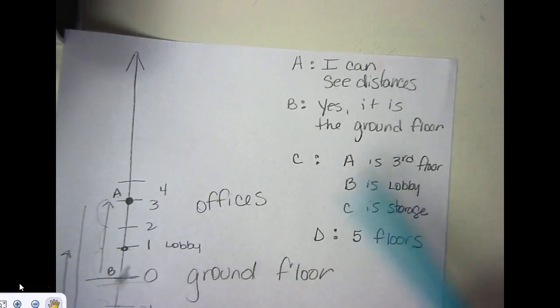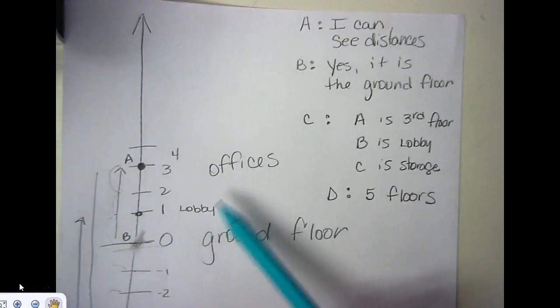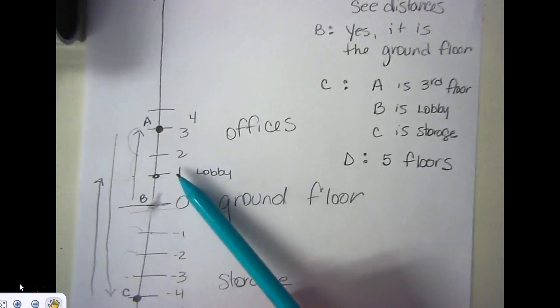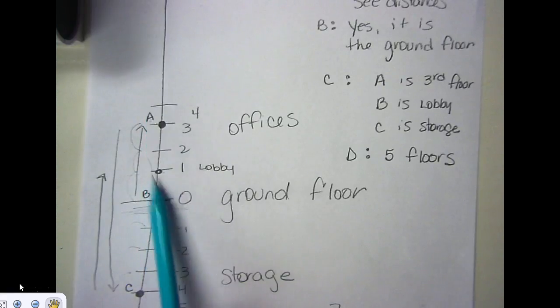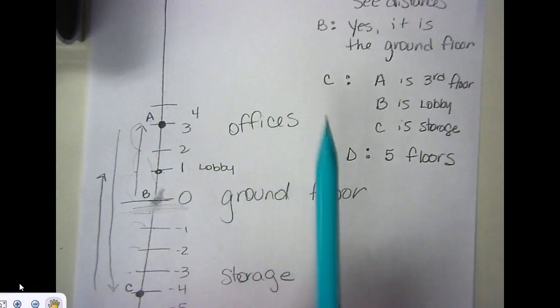C, sketch a number line. Graph each integer for the 3rd floor, storage room, and main lobby. So, the ground floor is 0. There's 4 floors of offices above. 1, 2, 3, 4, and I call those offices.